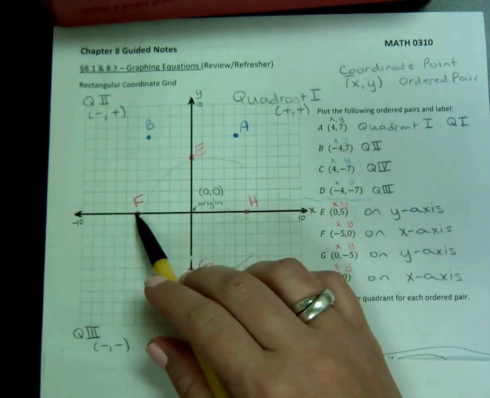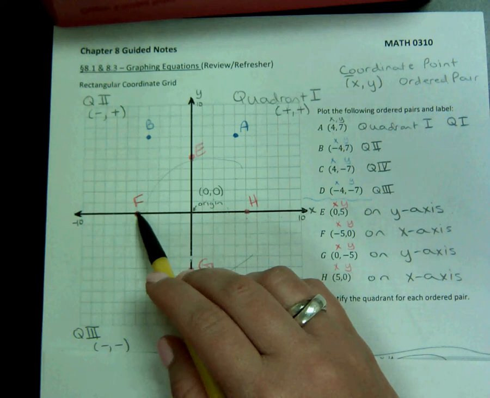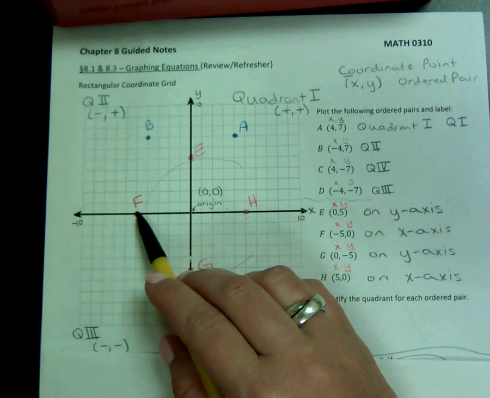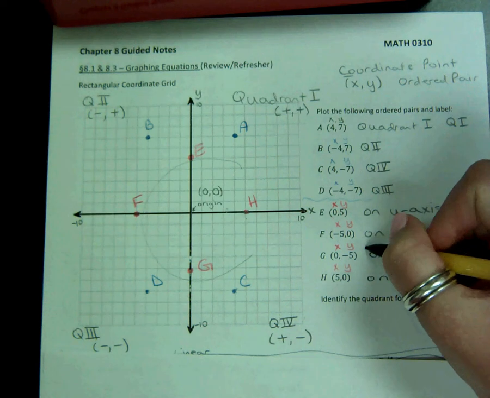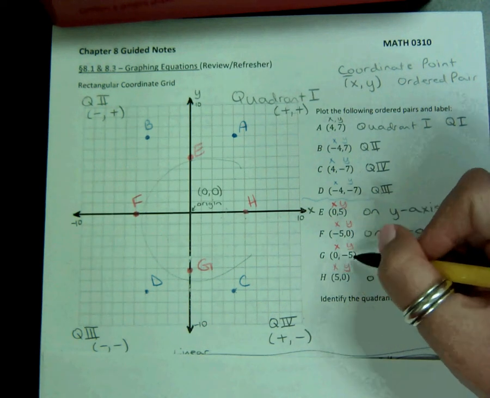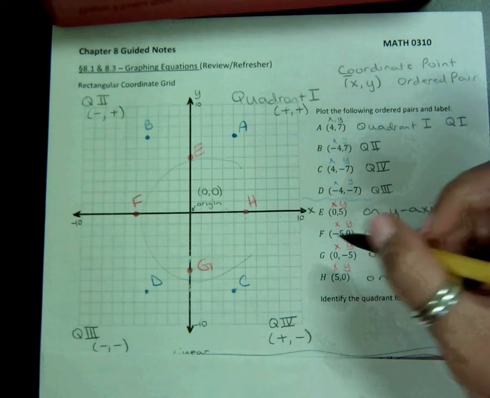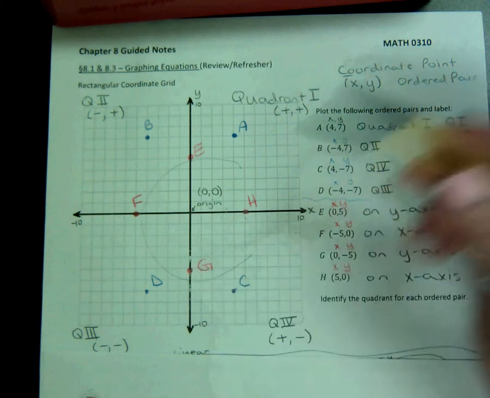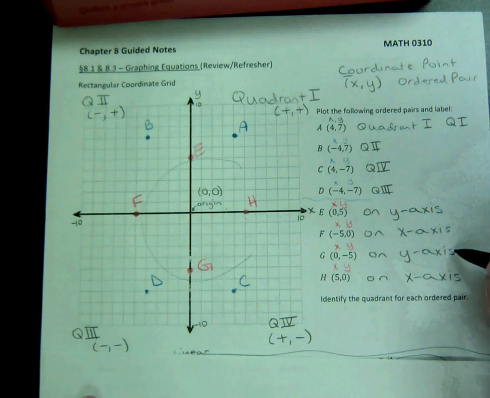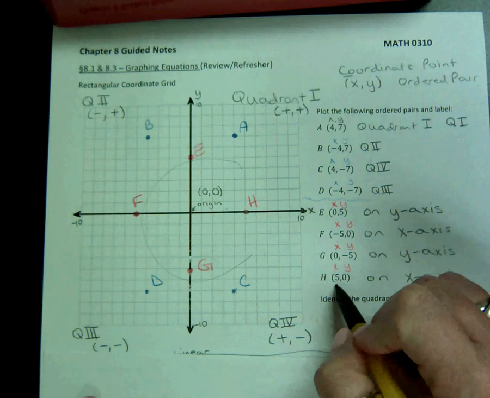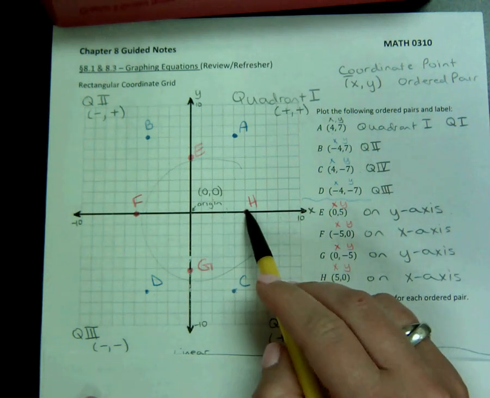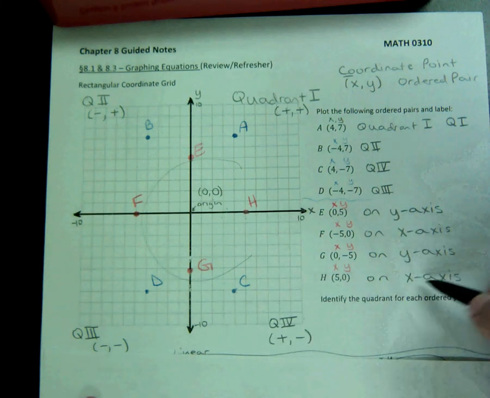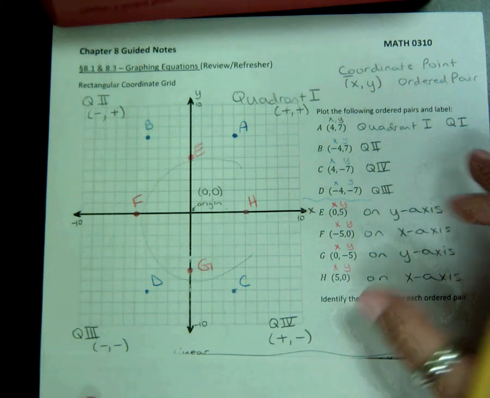So we go left 5, 0 up and down, and that is on the X-axis. Point G is 0, negative 5, so 0 in the X direction, negative 5 in the Y direction, so we go down 5 on the Y-axis. And finally point H, 5, 0. You go 5 to the right, 0 up and down, and it ends up on the X-axis.